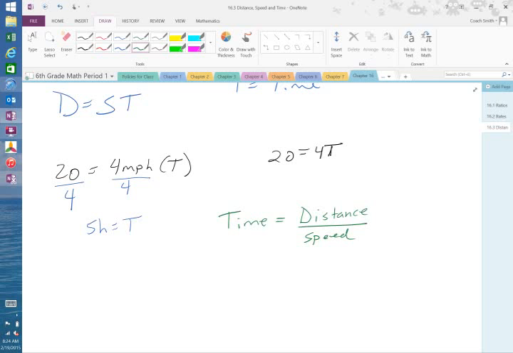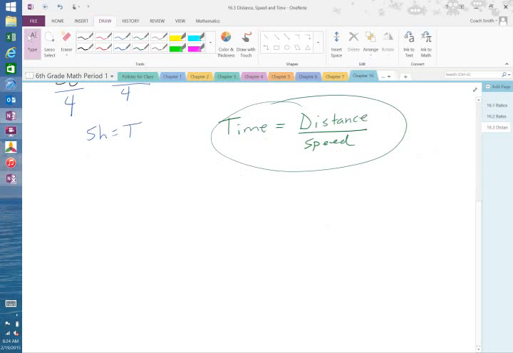So we have that formula that you're going to have to use today. We have the original formula, distance is equal to speed times time. And now we have a third formula. Let's see, distance, time, we got speed.